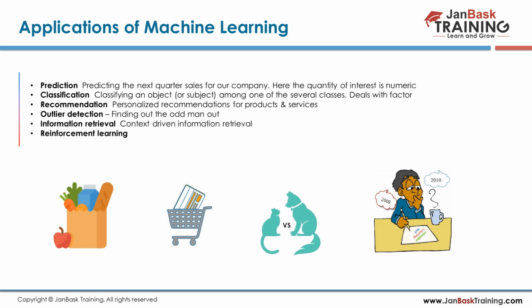Information retrieval can be of many kinds. Reinforcement learning is nothing but the chatbot. Nowadays you might have seen, once you go to your bank site or visit some real estate property site, a chatbot is there to assist you.